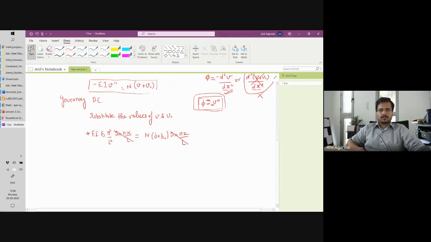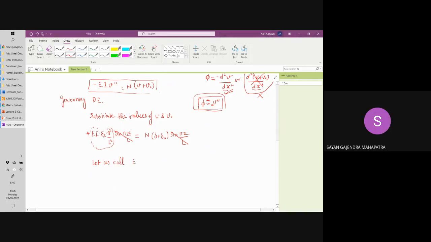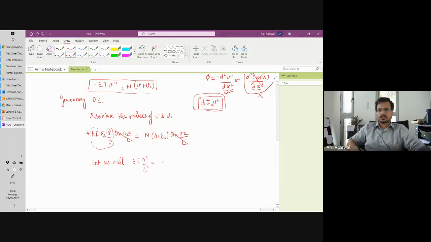If I look carefully, if I take this part out, pi square EI divided by L square, what does it give me? Pi square EI by L square. Euler load. Yes, Euler load, sir. That is, we call it P critical, let's say. That is the elastic buckling capacity of a straight column.